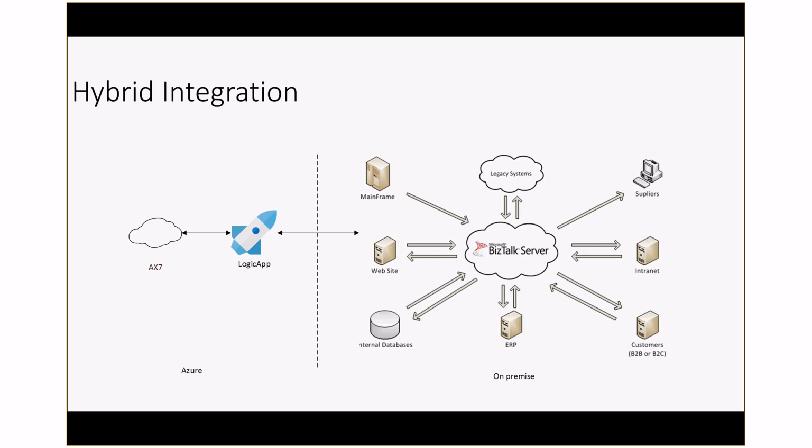So in a hybrid integration solution where you already have BizTalk running on premises and AX7 having some data, you can use Logic Apps to bridge and create a network integration flow between your cloud asset and your on-premises integration solution.